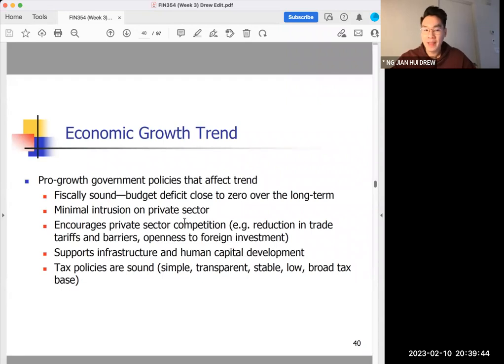So if any of you are studying the job market in London, you notice that there is a high demand for skilled labor, but there's not enough supply, especially in the finance sector, or I think even in nursing as well, right? Because the government requires you to have the visa, but in order to have a visa, you need to have a job. So it becomes very difficult. There's a lot of intrusion into the private sector in London, and of course, Brexit and all, it causes impact as well.